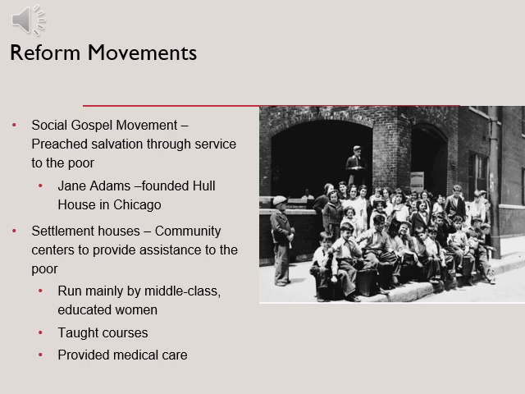The Hull House and other settlement houses were community centers meant to provide assistance to the poor. They were run mainly by middle-class, educated women who taught courses as remedial as public hygiene and safety, and they provided medical care to all who would seek it out.